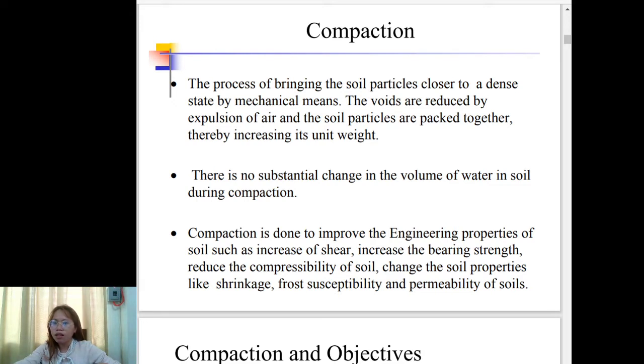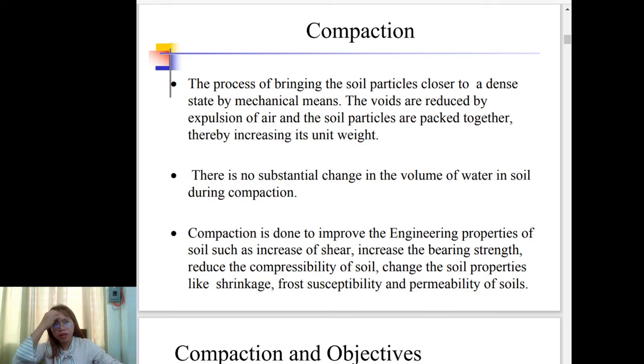That is why compaction is one of the most important procedures that should be followed in making a concrete pavement or PCCP.